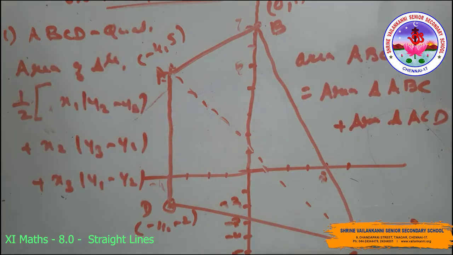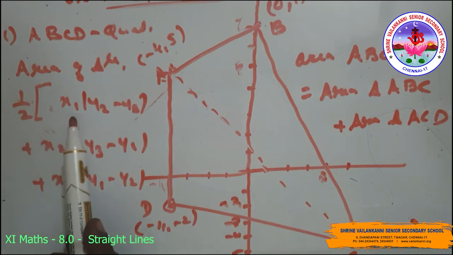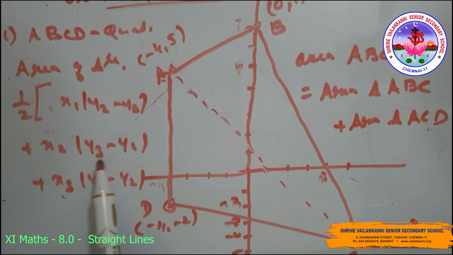Using the formula, area of a triangle equals half of x1 into (y2 minus y3) plus x2 into (y3 minus y1) plus x3 into (y1 minus y2).